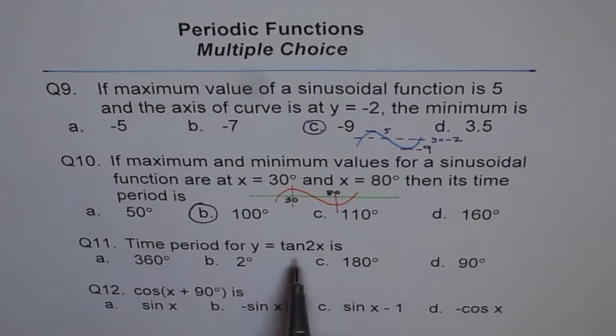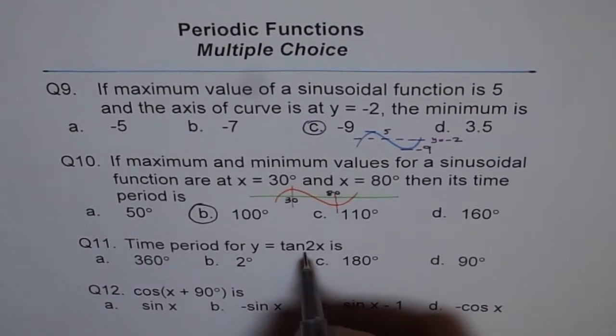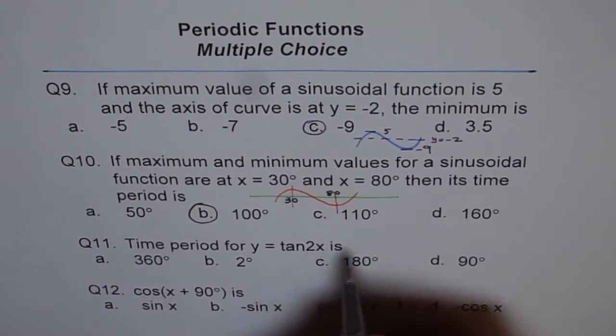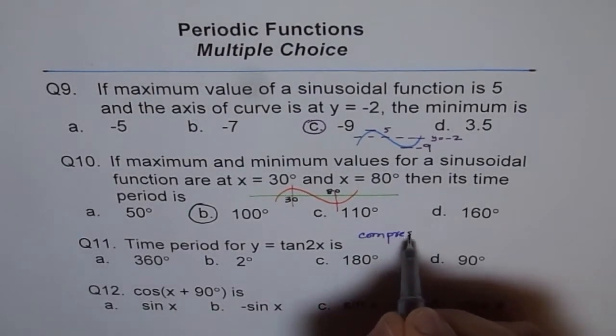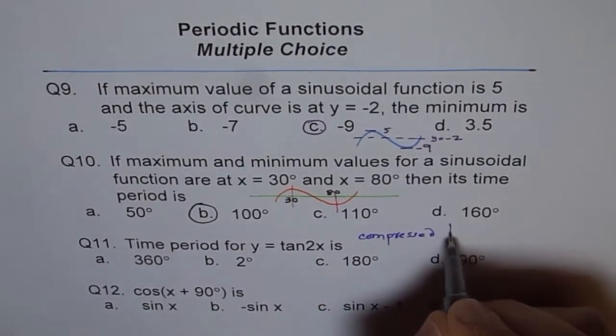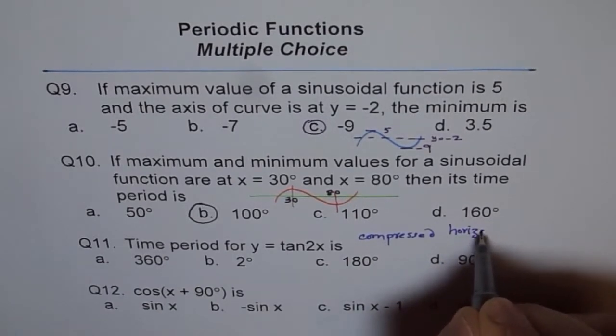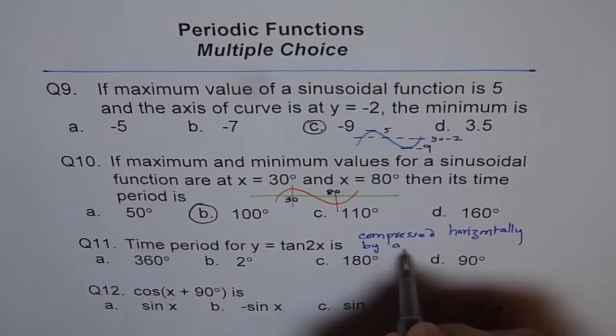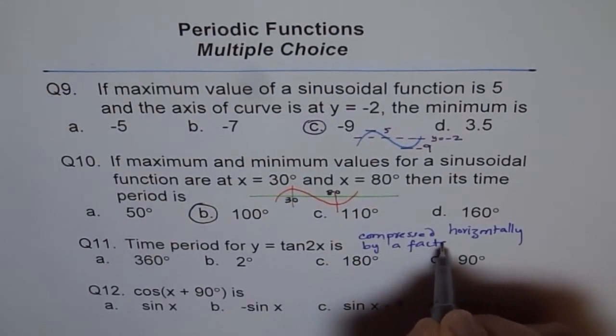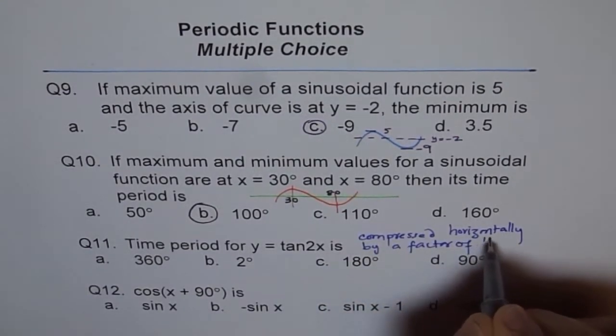So tan 2x means there will be two waves, right? Or you can think like this, tan 2x means it is compressed horizontally by a factor of half, correct?